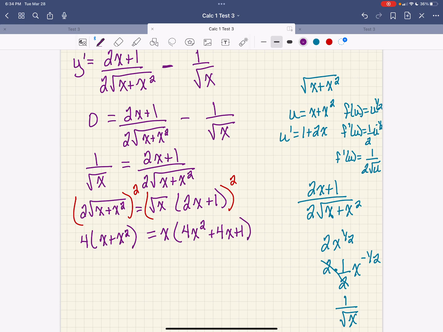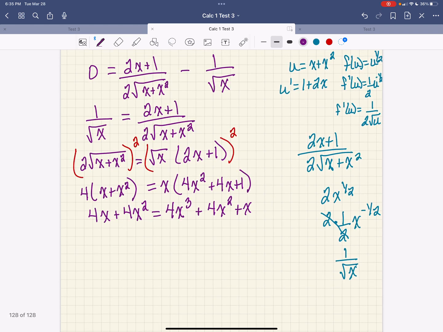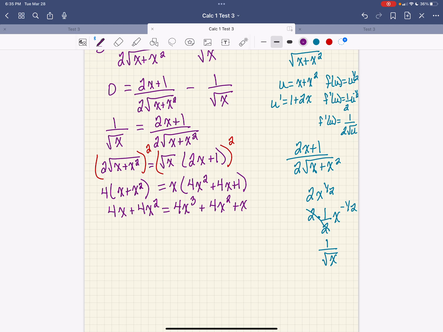And now we can start solving. So we can continue solving because we've been solving the whole time. I'm going to distribute my 4 to my binomial, and then I am going to distribute my x to my trinomial. Now I need to set this equal to 0.